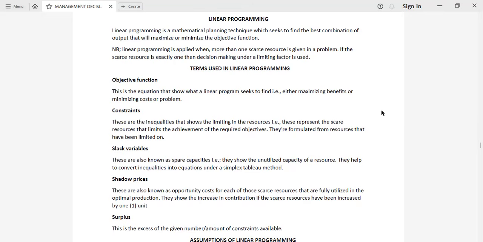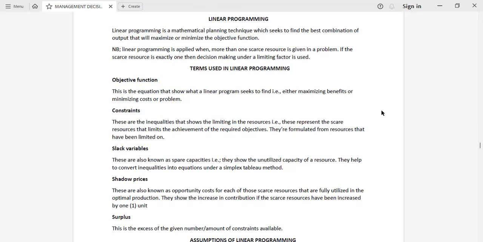But the only additional area that is going to come in is the interpretation of the results that we've got, determining the shadow prices and all that, which we never handled at level 1. We had just a small hint about it. So let's try to look at what linear programming is, and we can start from there.